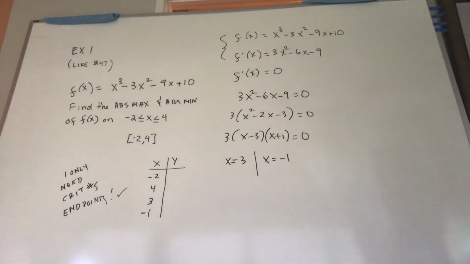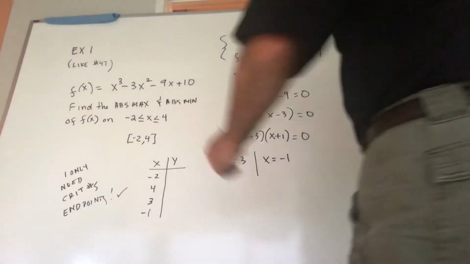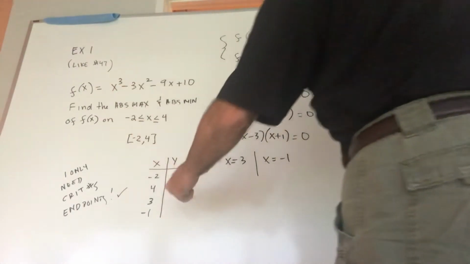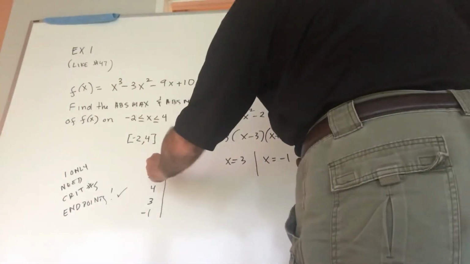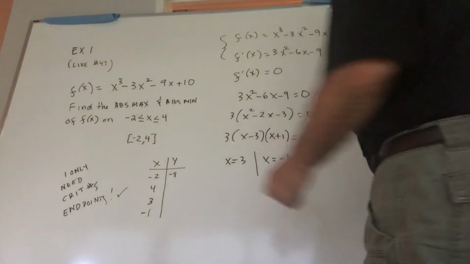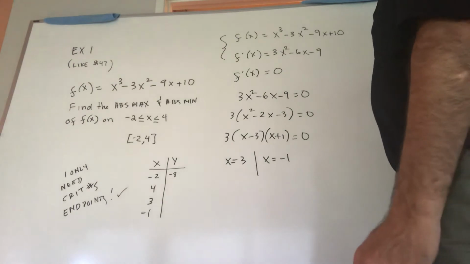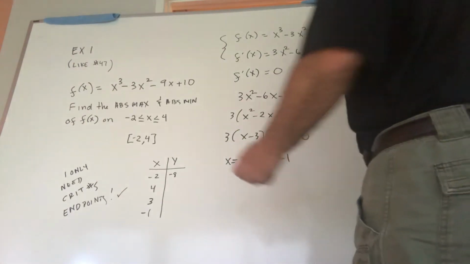What we want to do then is put all of these points into the original equation. So I put negative 2 in, I get negative 8. Negative 2 squared is positive 4, but a positive 4 times a negative 3 is negative 12.